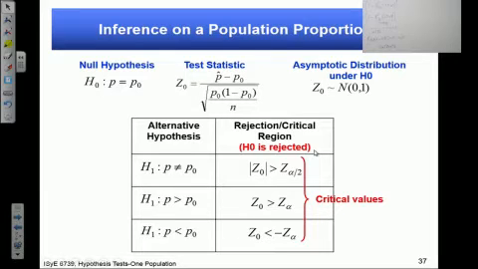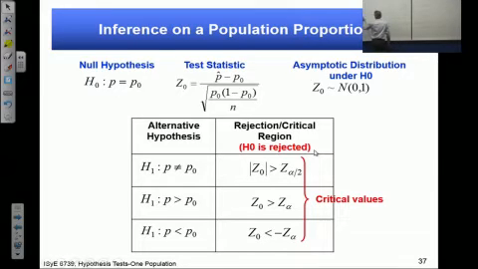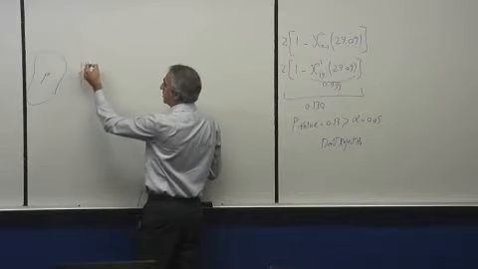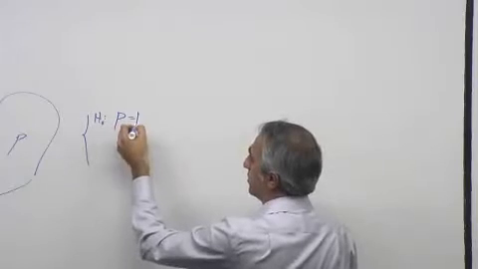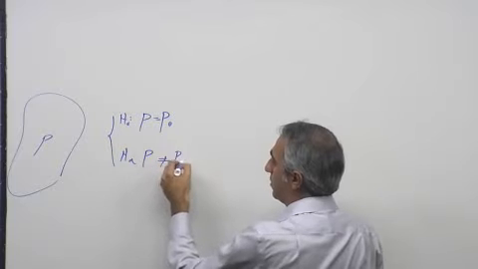So, the last topic for hypothesis testing for one population is for the Bernoulli distribution or binomial distribution. When you have a Bernoulli population with parameter p, and you want to test whether this p is equal to p0 or maybe not.